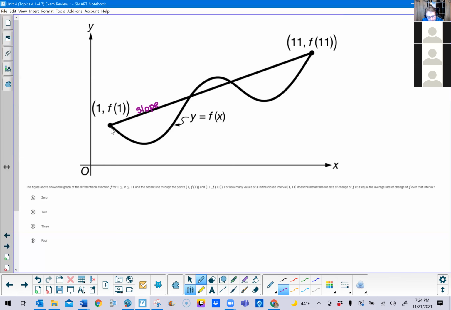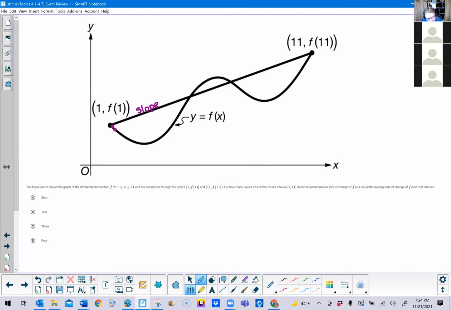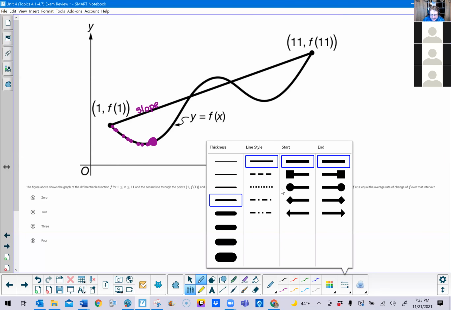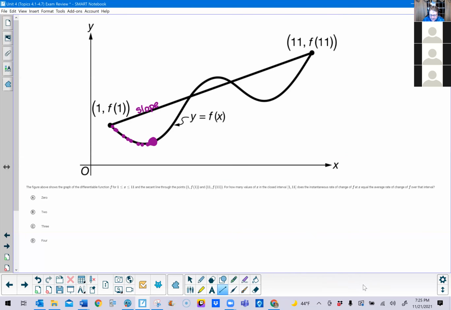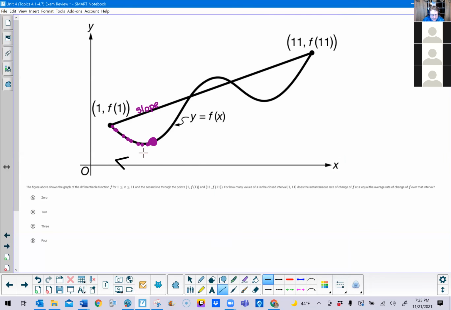And then you're going to have to travel along the curve, and stop when you get to a point where the tangent line looks like it might be that same slope. And I think if you get right about here, we have one, you guys. I'm not saying that's exactly where it is, but I certainly believe we're in the ballpark. We could draw a tangent line there that looks parallel.